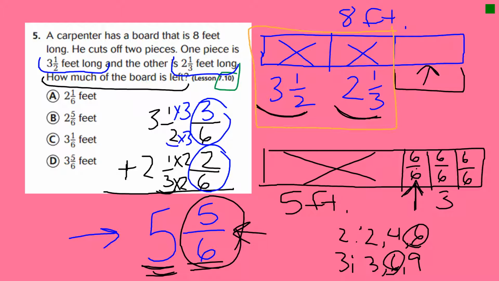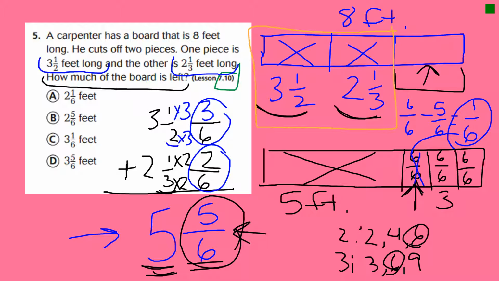So if I have 6/6 and I cut off 5/6, I have 1/6 left. So I'm cutting off 5/6 there, and I have 1/6 left.